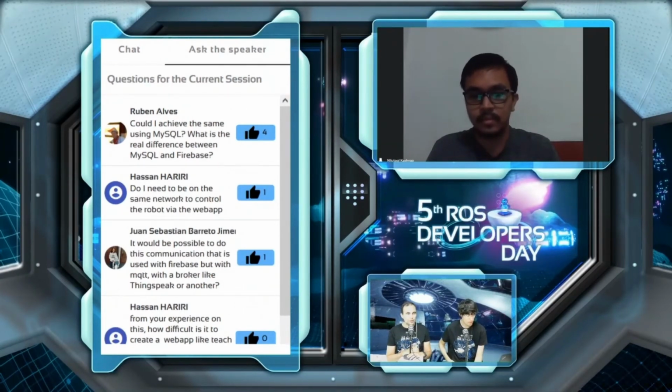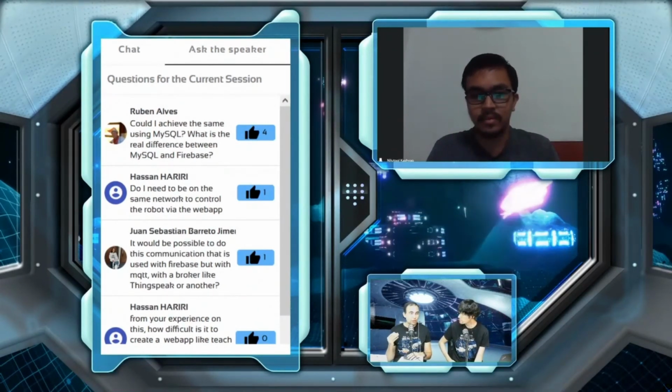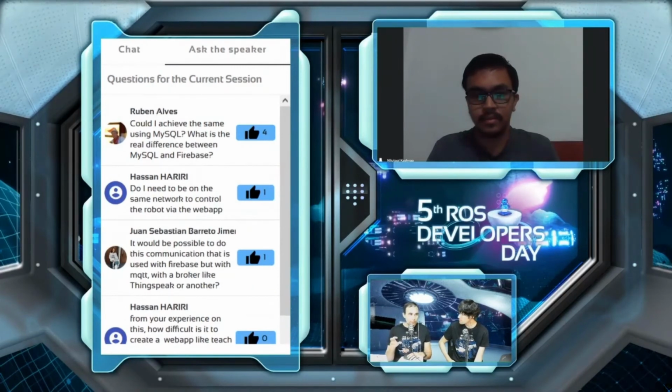I think what confused Hassan maybe is the fact that in this demonstration, both the simulated robot and the web application are running on the same computer, which is your cloud computer that you are doing the demonstration on. So maybe it's not very clear to see this transfer of data from the web application to the Firebase database, and then from the Firebase database to the simulated robot controllers.